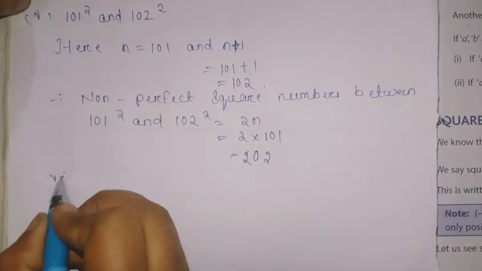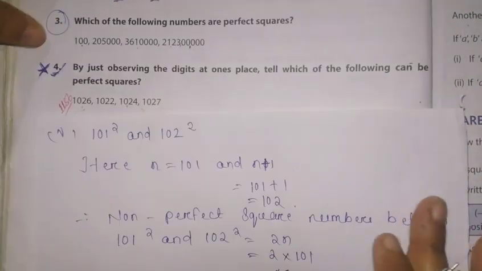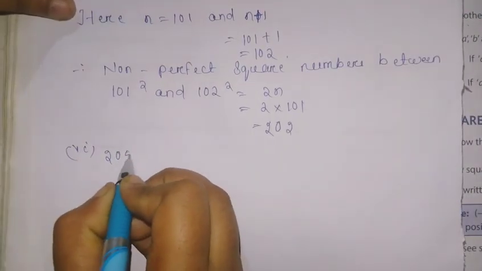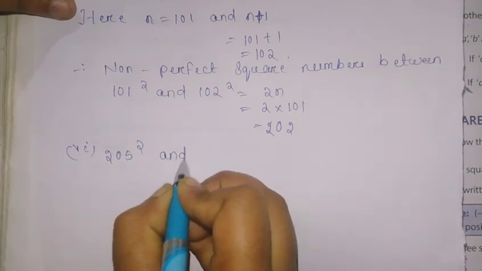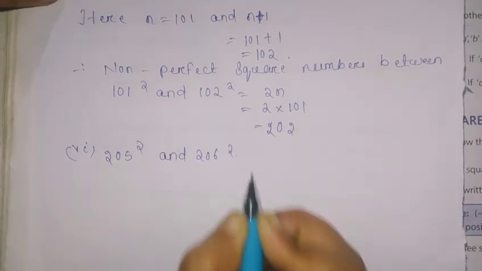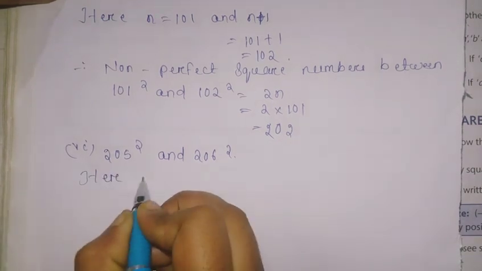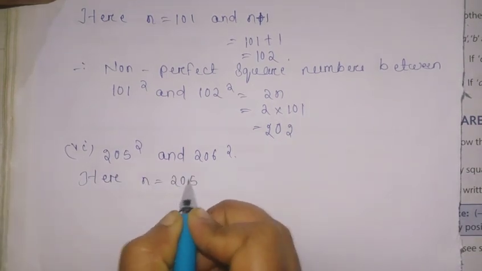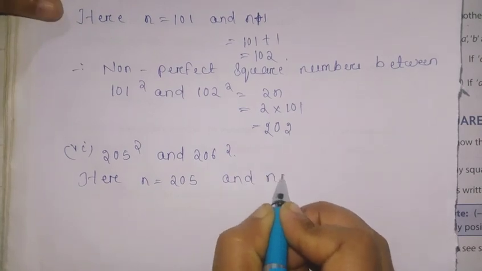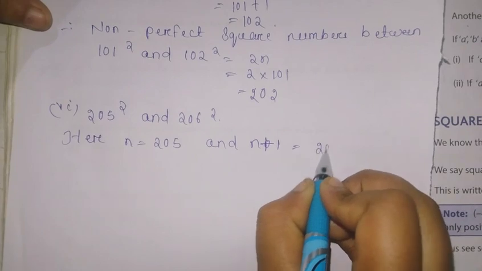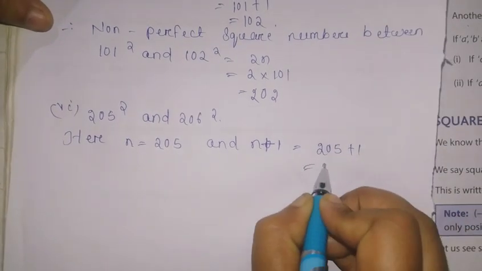Then we solve point VI: 205 square and 206 square. Here n equals 205 and n plus 1 equals 205 plus 1 equals 206.